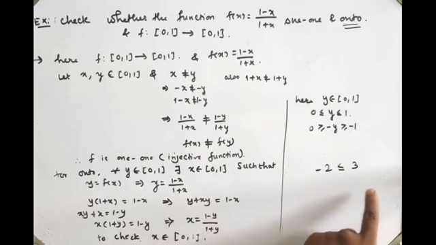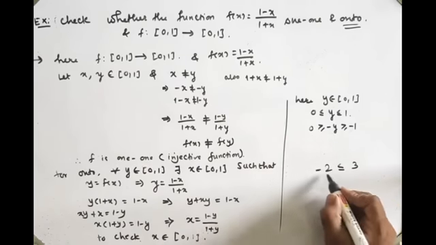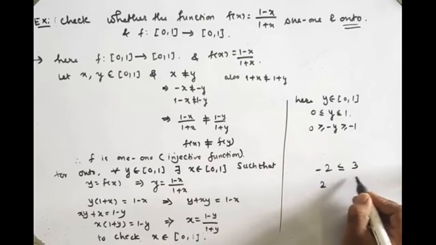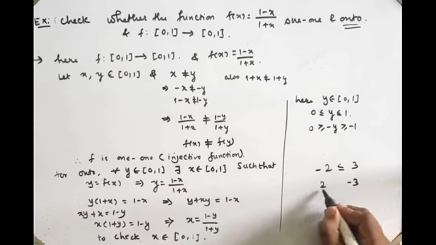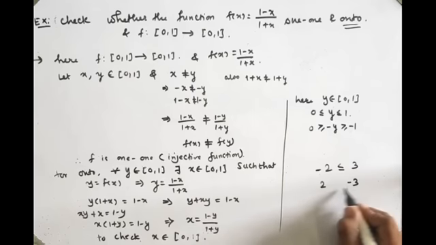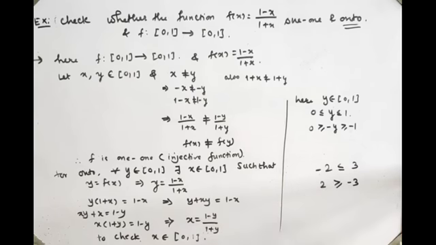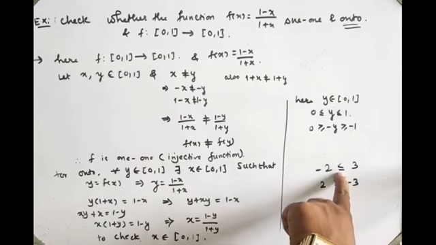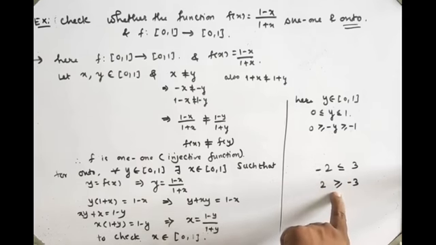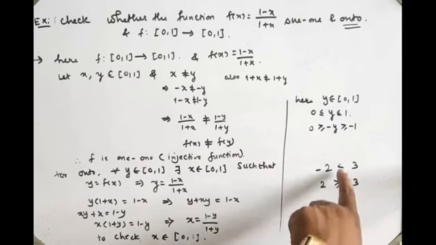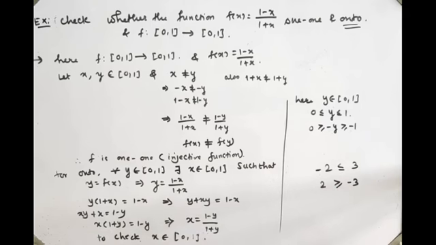If I multiply both sides by a minus sign, then I get plus 2 and here minus 3. So between these two numbers, which one is greater? 2. So if I multiply an inequality by a negative number, then less than or equal to is replaced by greater than or equal to, and greater than or equal to is replaced by less than or equal to, means the inequality will change.